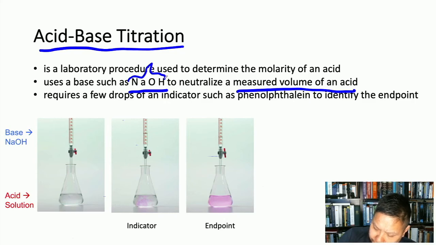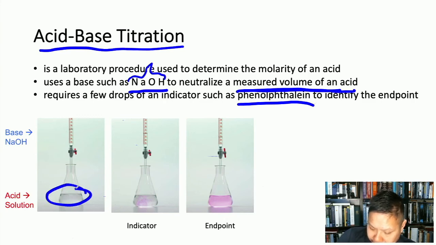So the way we know that we've actually neutralized the acid, making it so that it's 1-for-1 molar sodium hydroxide and acid, or I guess in this case, since it's a neutralization reaction, salt and water, is we have an indicator in there in the form of phenolphthalein. This is the acid at the bottom, and the base is in the titrator up there.